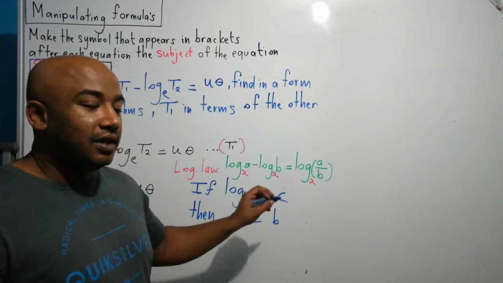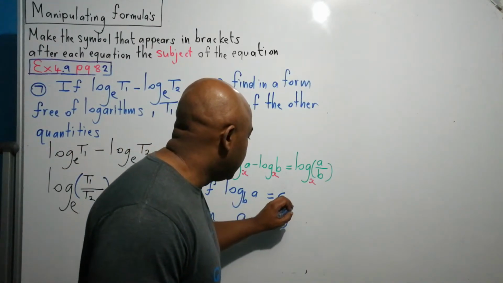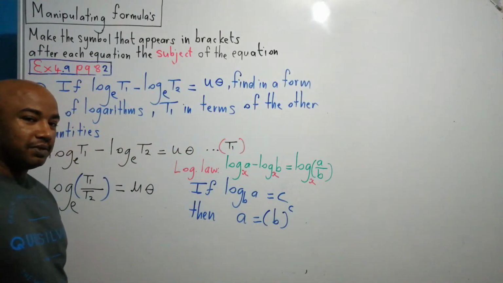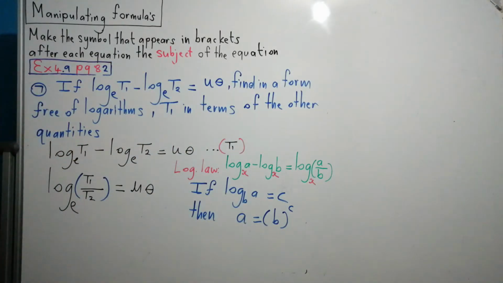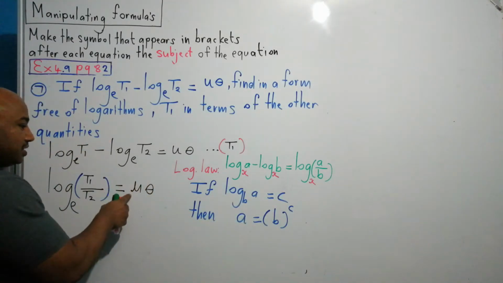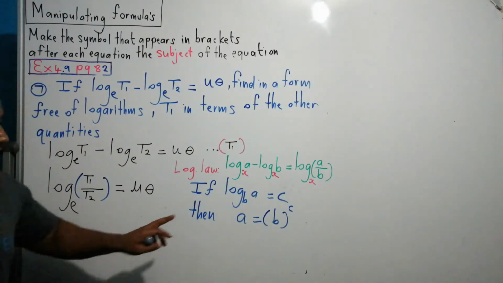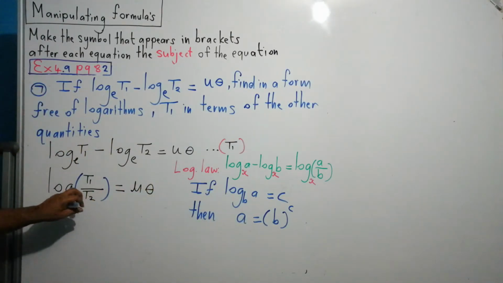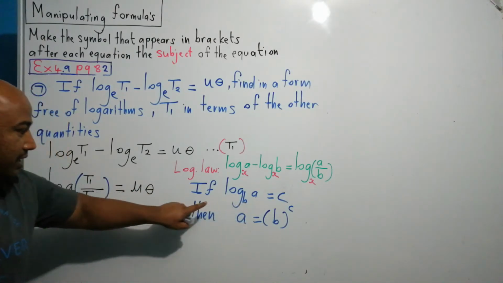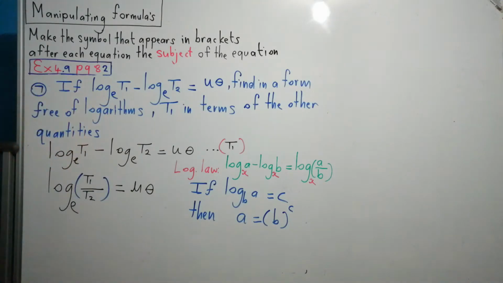The base in the log equation becomes the base in the exponential equation. If we compare, c, the right hand side, is mu theta, which is going to become the exponent, and a is t1 over t2. There's your a here, and your base b is e, which will become the base in your exponential equation.